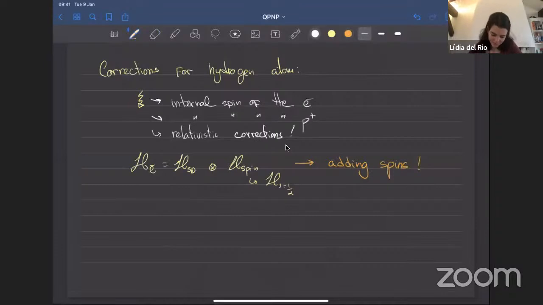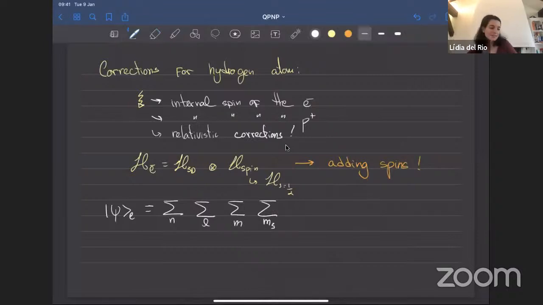But this means that for any state of the electron, we can always decompose it in a basis that depends on n, L, M, and now it also has the internal spin, so M of the spin, MS. There'll be some coefficients that depend on all these things, times the basis |n, L, M> times |MS>. So this is in the 3D and this is in the spin.